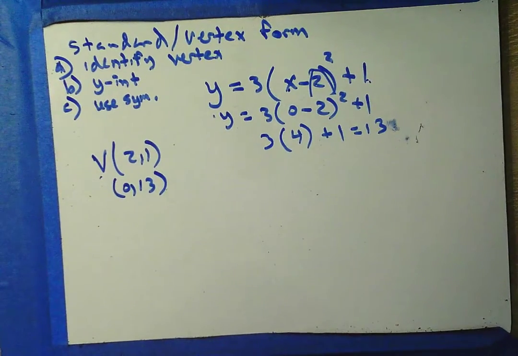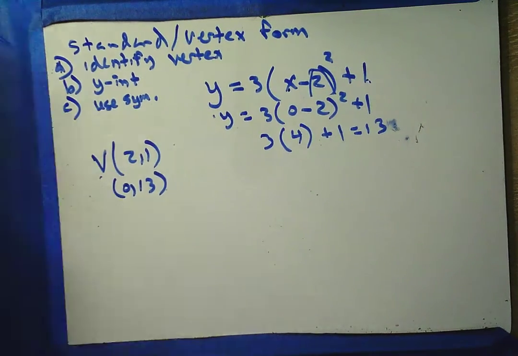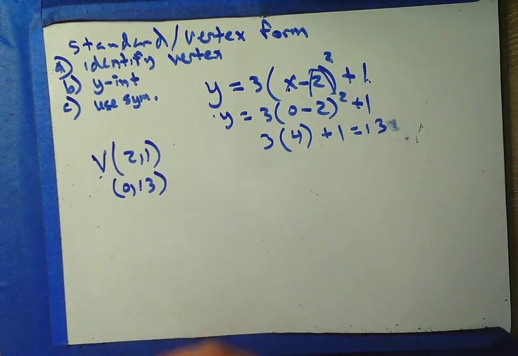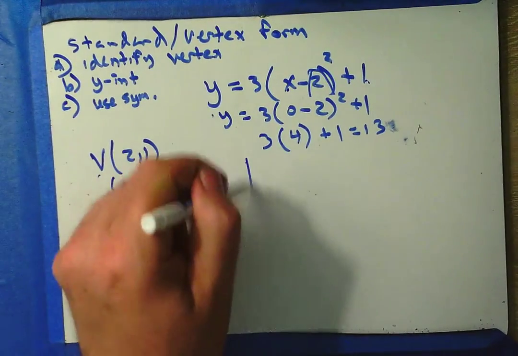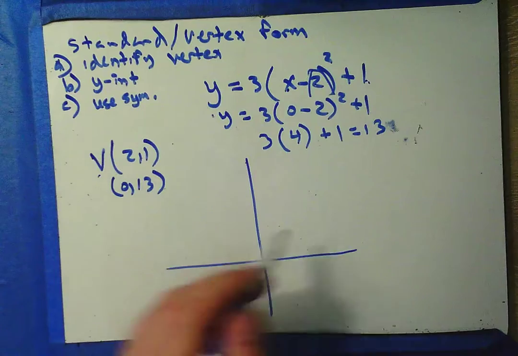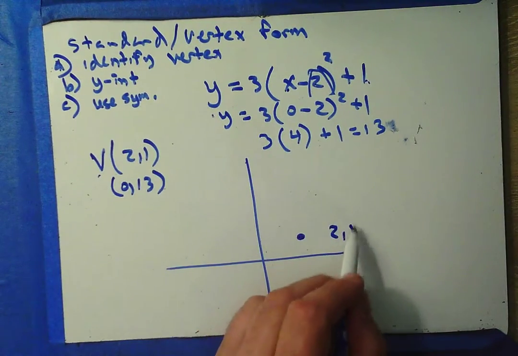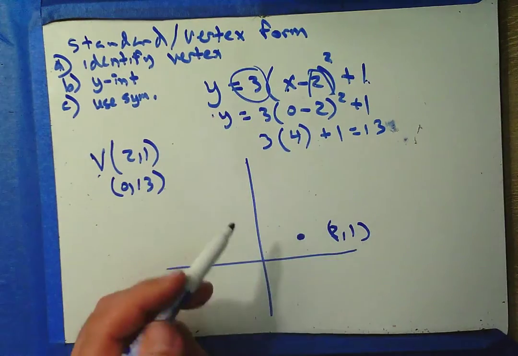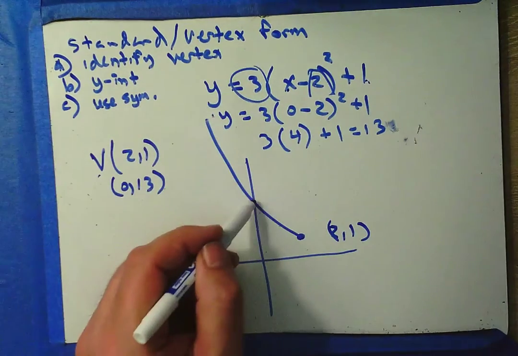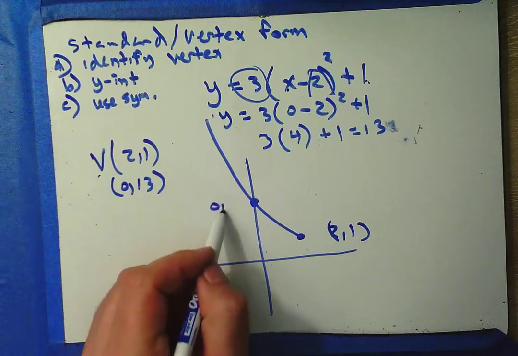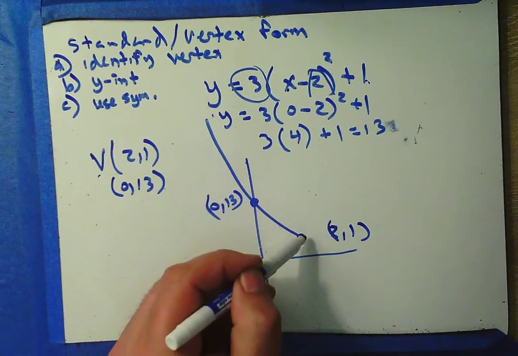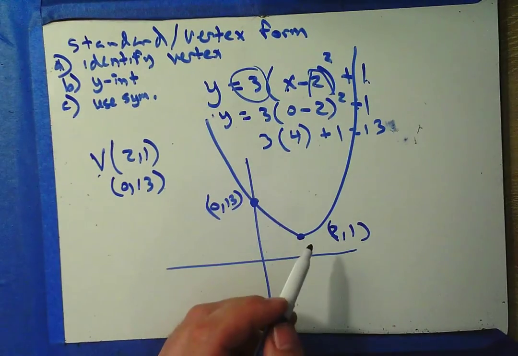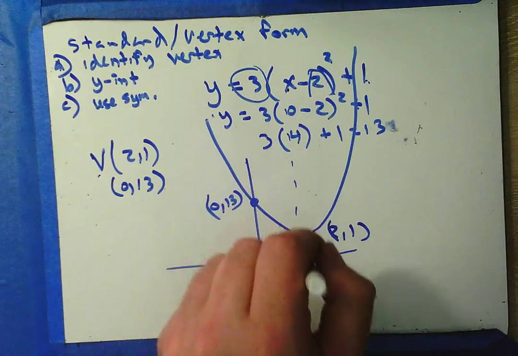And then we're going to use symmetry, but I generally don't like finding that third point until after I've graphed the first two. So let's take a look at the graph here. We know that we've got a vertex at 2, 1. We know that this parabola points up because our a value is positive. And we know that our y-intercept is at 0, 13. Up-pointing parabola. Axis of symmetry.